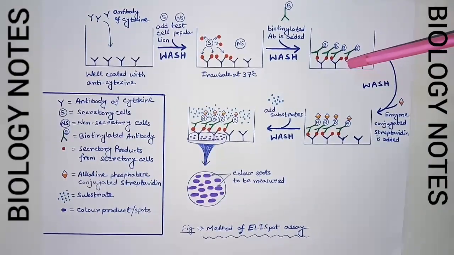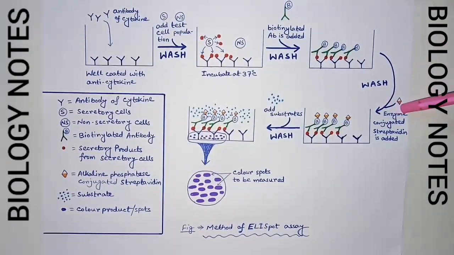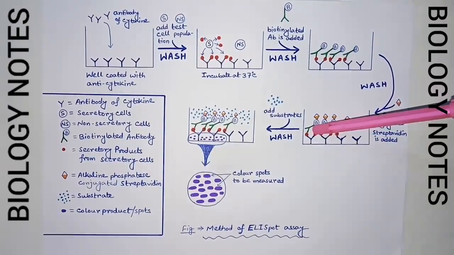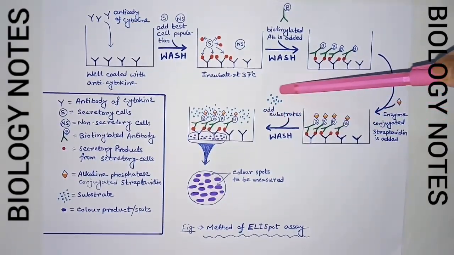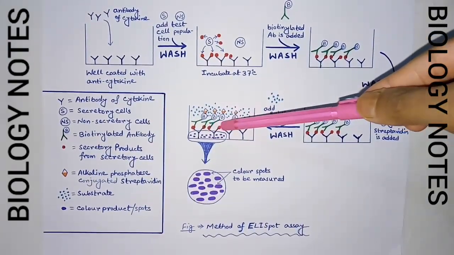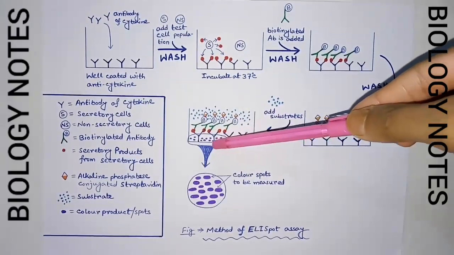Now, streptavidin enzyme conjugate is added to the wells in order to bind with the detection antibodies. Finally, a substrate is added to the wells and is catalyzed by the enzyme conjugate. After the reaction, spots are formed in the wells.